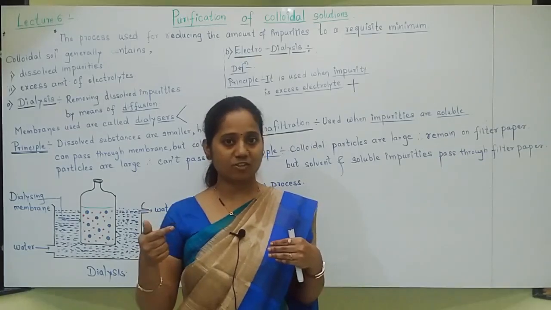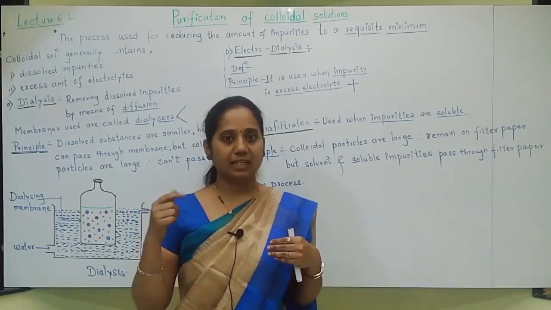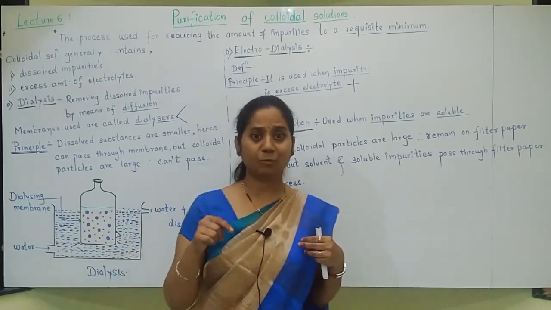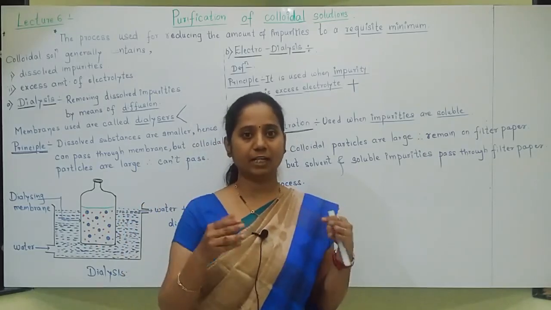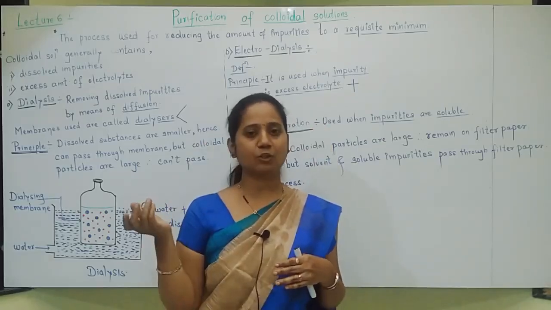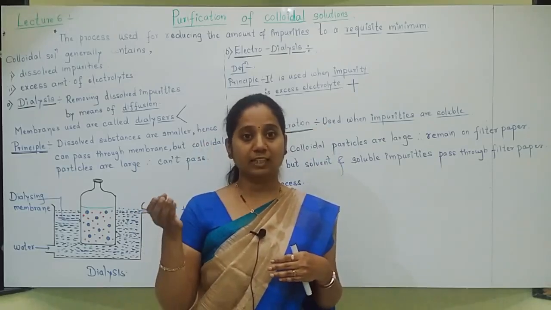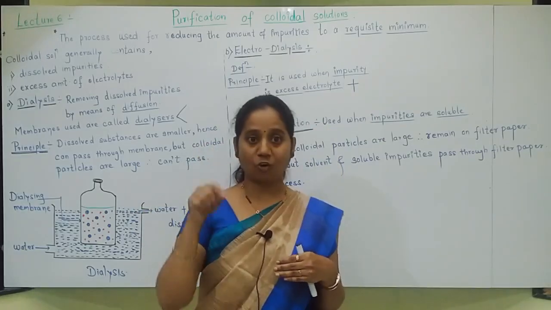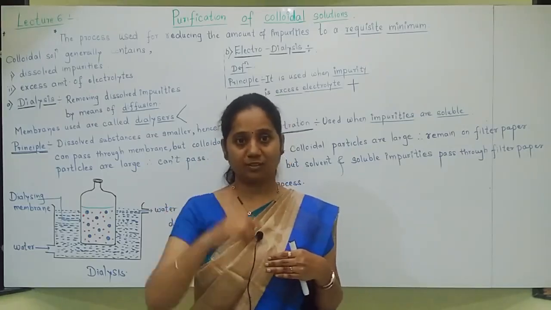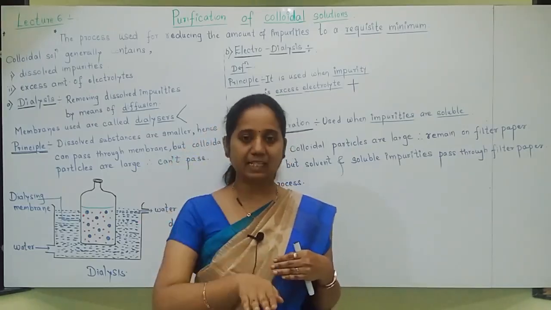So it is added while preparing. Now if it is added extra or in excess, that should be removed. Then why should it be removed? Because it has a negative effect. For example, a colloidal solution is prepared very well, but the electrolyte added is a little extra. Then that excess amount of electrolyte causes precipitation, coagulation, and the dispersed phase will settle down.